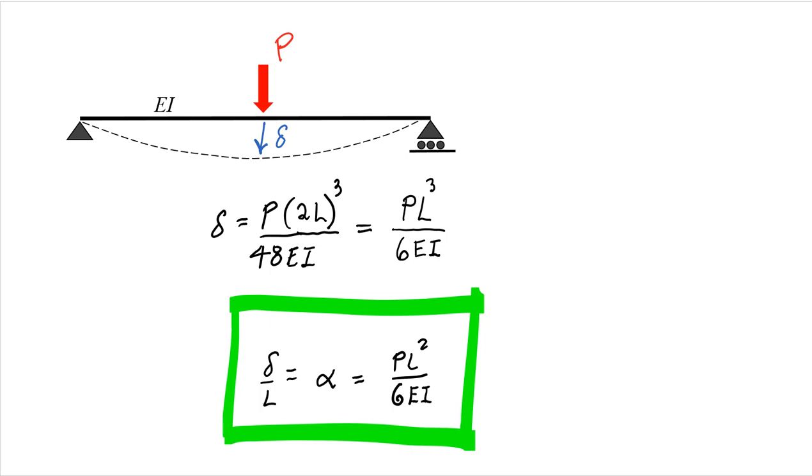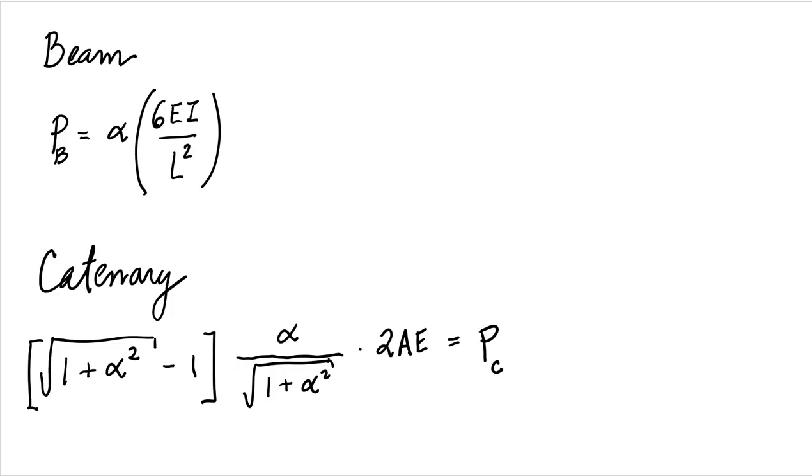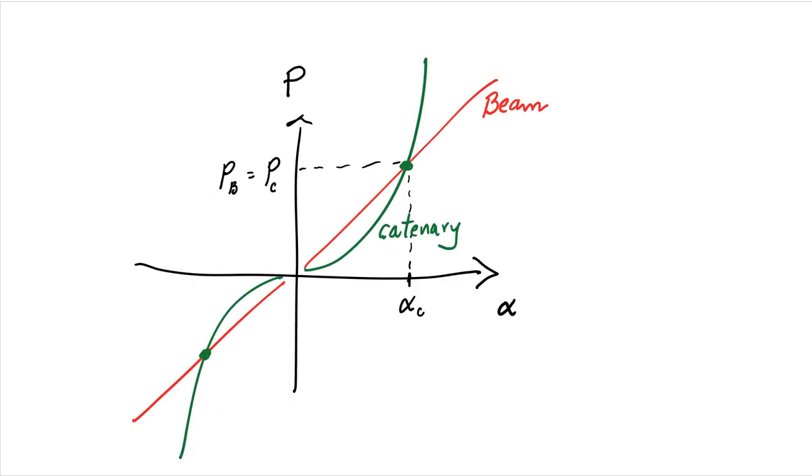Now we can simply compare the force in the simply supported beam versus the force on the elastic catenary. If we look at those expressions, what we see is that this kind of behavior comes out. So basically the beam has a linear behavior, assuming all of the basic assumptions of small deflections, elastic, linear materials. But the catenary has this nonlinear behavior.